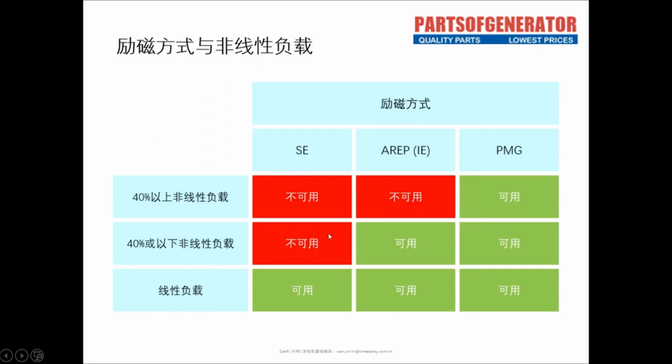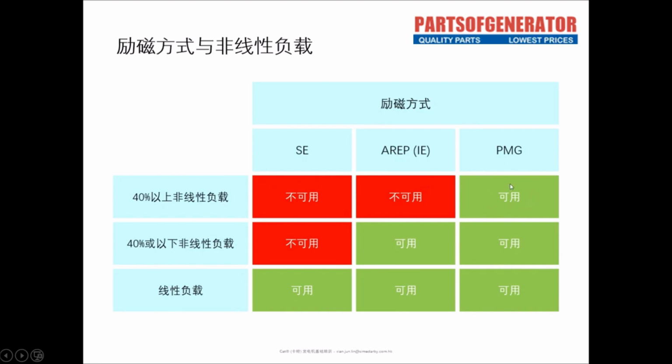If it is a linear load, it is easy to say. That is, no matter what kind of excitation method, it is okay. If it is the second case, the self-excitation method is not optional, because the generator may not be able to control the output voltage in this case.